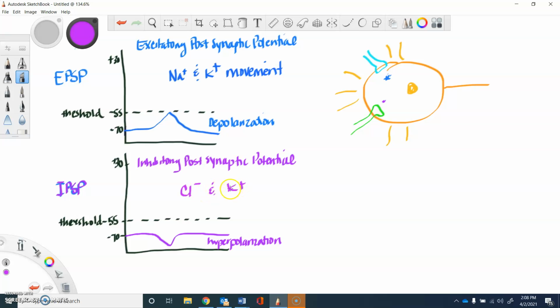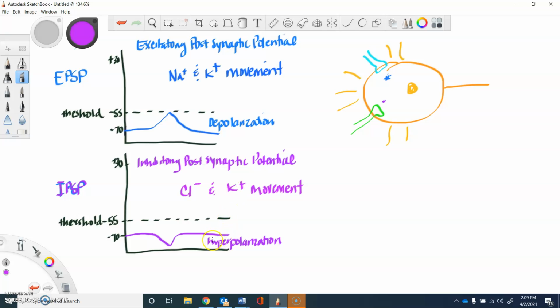And then, of course, potassium's leaving, it's a positive ion. And both of those things cause the membrane to get more negative. Okay, so this is movement of those two. So now we have depolarization and a hyperpolarization.